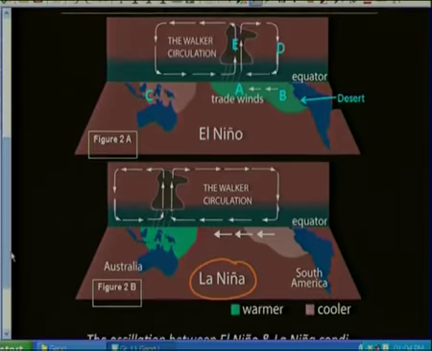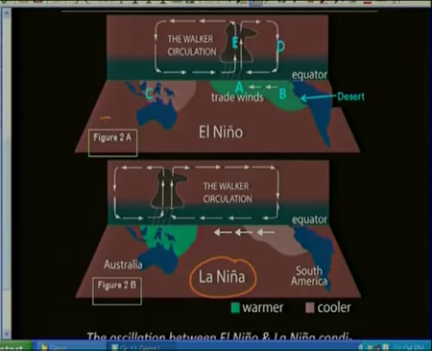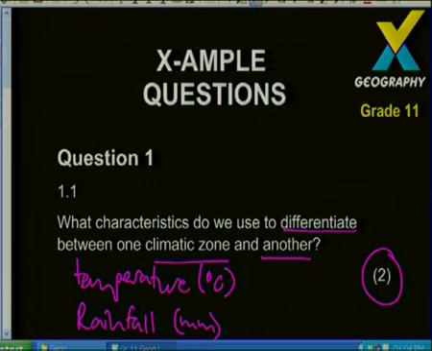If we have a look back at this diagram here, figure 2.A is the one they want us to use. This is the region here. We are talking about drought conditions related to this subsidence of cold, heavy air that is sinking, warming up adiabatically and creating hot or dry conditions on the ground. And these are the sorts of places that are going to be having this drought condition. So we're talking about Indonesia and those sorts of countries there in that part of the world.